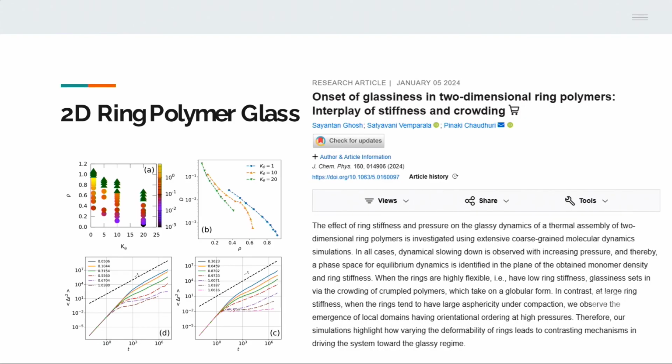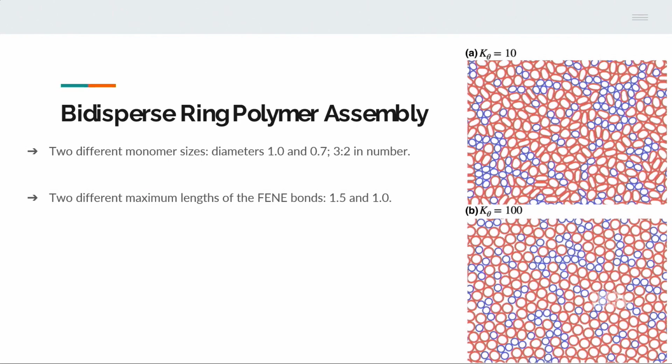So, we choose the density to be high enough so that the system is in the glassy state, and instead of monodisperse rings as in the previous case, here we have bidisperse rings.